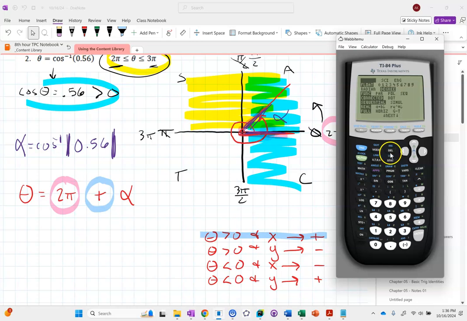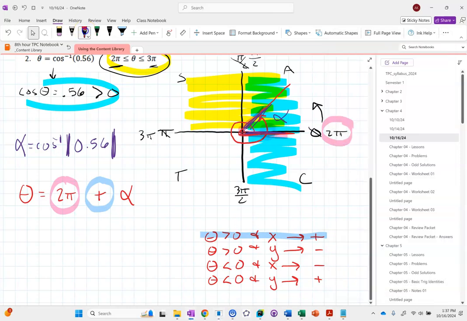Got to make sure that I'm in radian mode. So I'll change that. And then I'm just going to do 2 pi plus cosine inverse of the absolute value of 0.56, just 0.56. So my answer should be about 7.26.